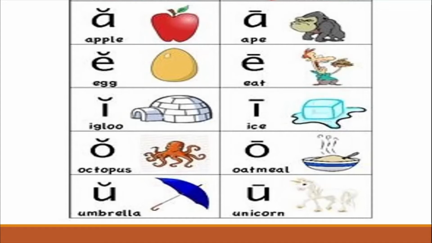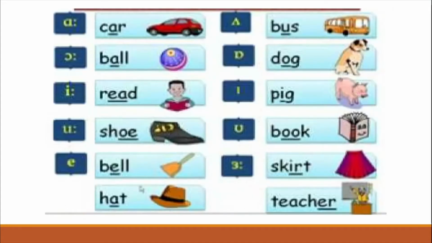So we saw igloo. Now let's look at O. So octopus, oatmeal. See how the sound of the O is different. Umbrella, unicorn. Okay? So one letter can have different sounds, and interestingly, different letters sometimes can also have similar sounds. For example, see here, car, C-A-R, car.